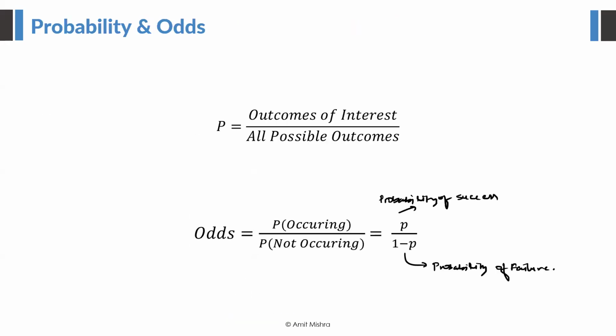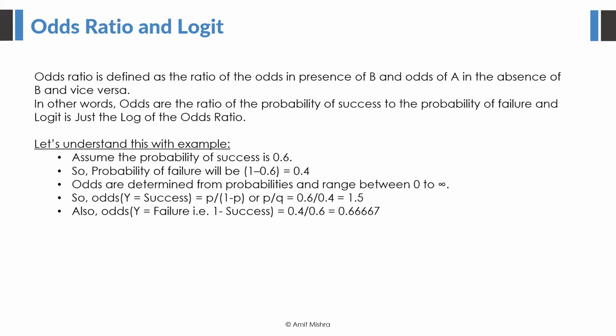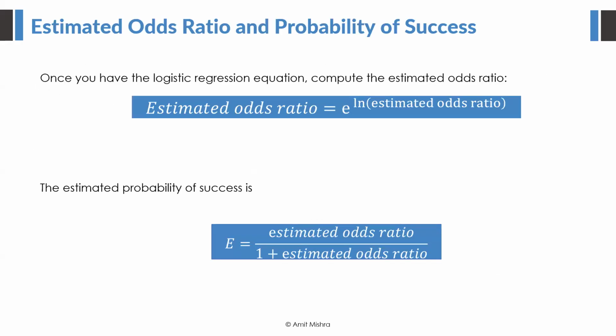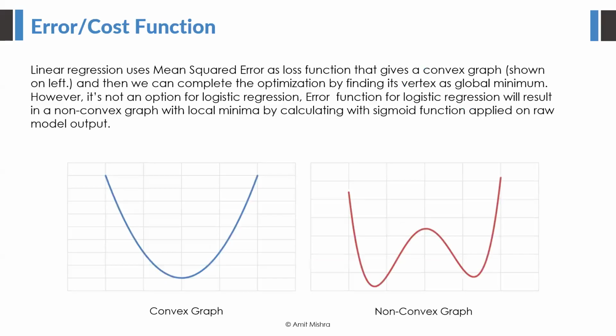Now let's talk about the errors here. Okay, odds ratio and all, we are done. Let's talk about the error now. For that, I'll again walk you through my whiteboard part and let me explain.